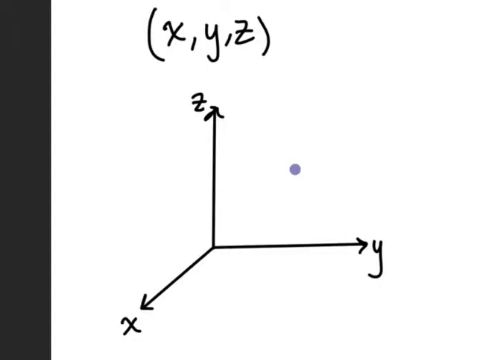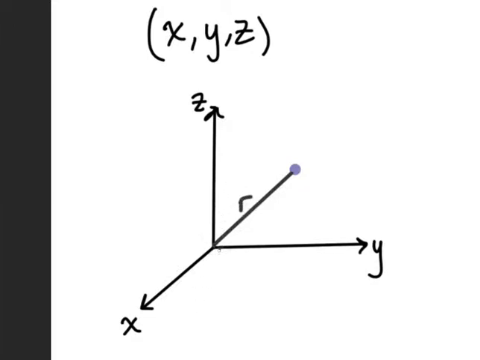And we're going to use a position vector to describe this point. And I'm going to call this position vector r.